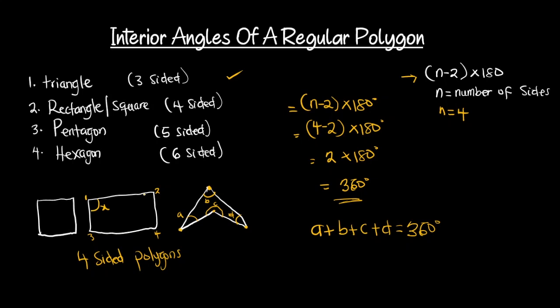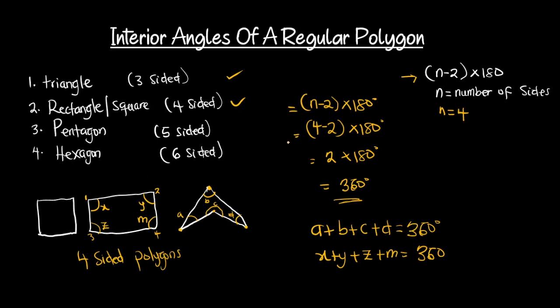Let's say this is X, this is Y, this is Z, and let's say this is M. What it means is that if I add all these 4 angles, X plus Y plus Z plus M, it should be equal to what? 360.